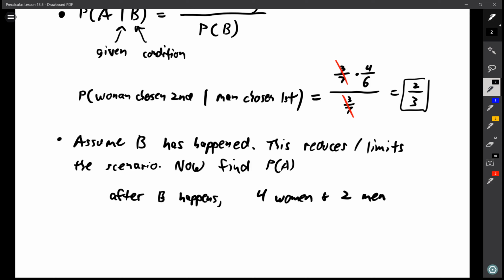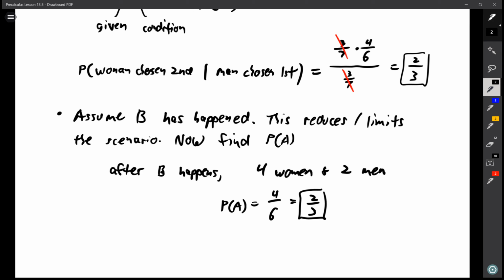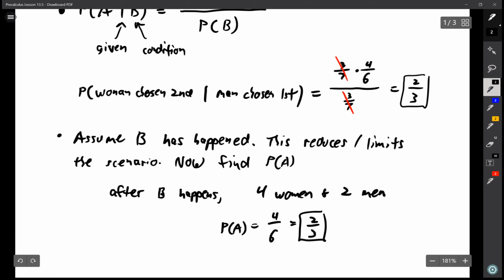Now we just analyze the probability of selecting a woman. Well, 4/6. So P of A is now 4/6, which is again our 2/3. So it's 2 different ways of looking at this problem. Find the probability of A and B happening, then divide that by the probability of just B happening, or limit your focus to only what's left after B has already happened, and then just find the probability.